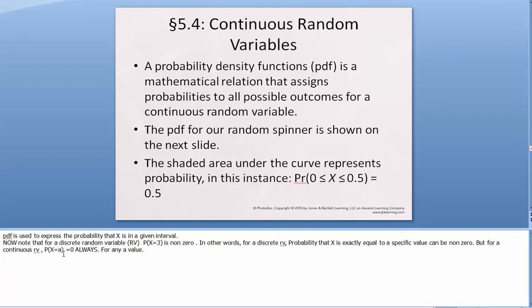I have capitalized always, and this is for any value. Let's talk in terms of birth weight. A baby can weigh, at birth, about maybe 8 pounds. But it is a continuous random variable, so it does not make sense to say that the probability that the birth weight is exactly 8 pounds.